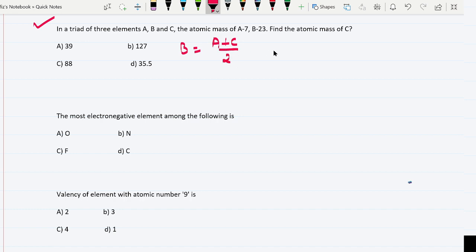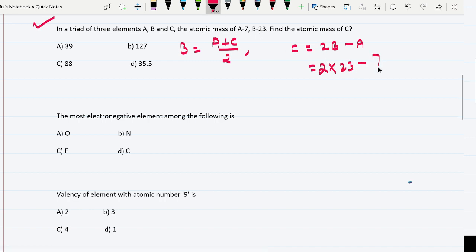Now in the question, C has been asked, so we can rearrange it for C. C is equal to 2B minus A. Now 2B is nothing but 2 into 23, that is 46, minus the value of A, which is 7, that gives you 39. Means option A is right here.